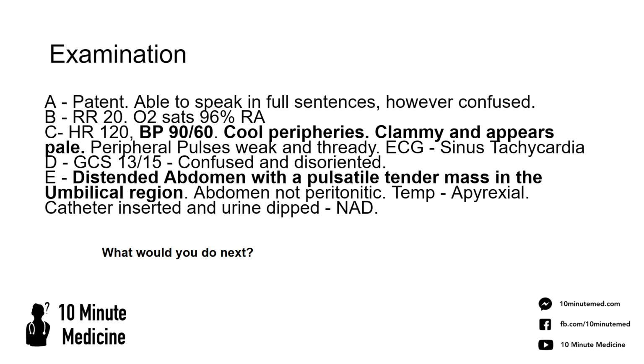He is tachycardic and hypotensive, however, and he's got cool peripheries. He appears clammy and pale, and he's got weak peripheral pulses. He appears confused, GCS 13, and on examination of his abdomen, he's got a pulsatile tender mass in his umbilical region. Now, what would you do next?